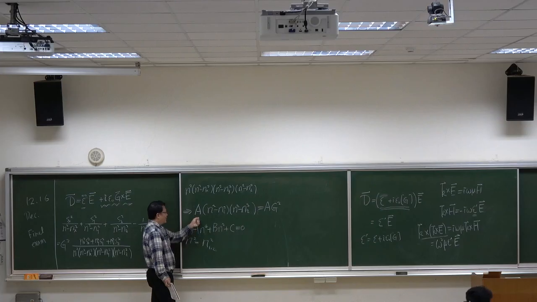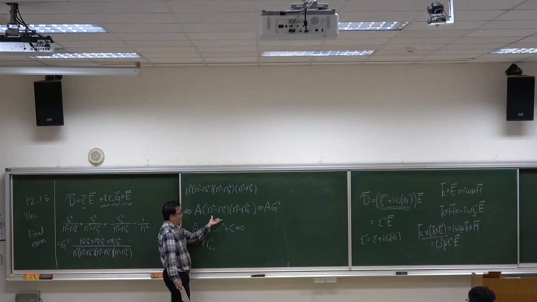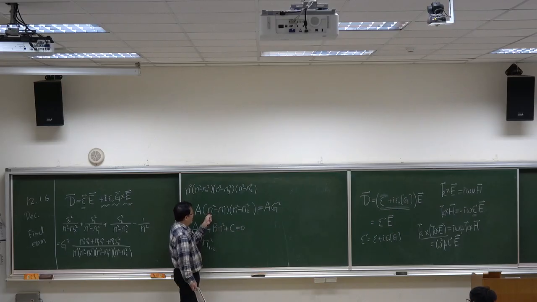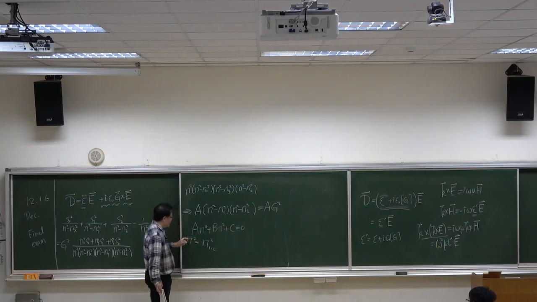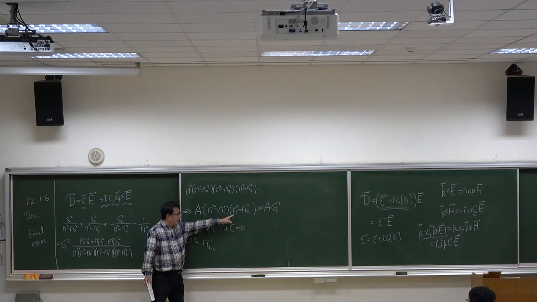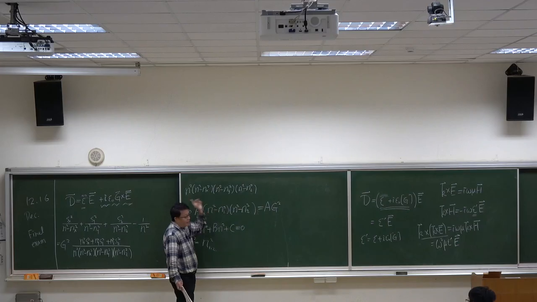We factor out this leading coefficient, and the remaining terms are n squared minus n1 squared times n squared minus n2 squared equal to 0. So its solutions are n1 squared and n2 squared, and we can take the square root to get n1 and n2.